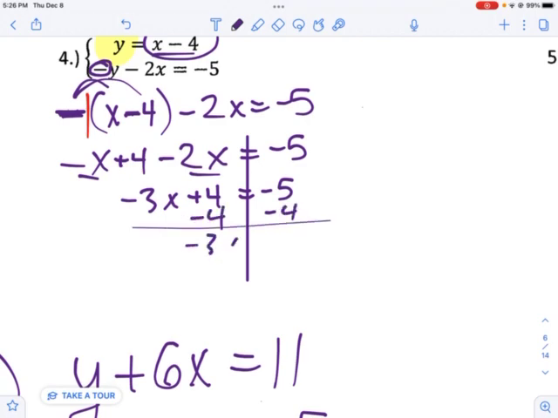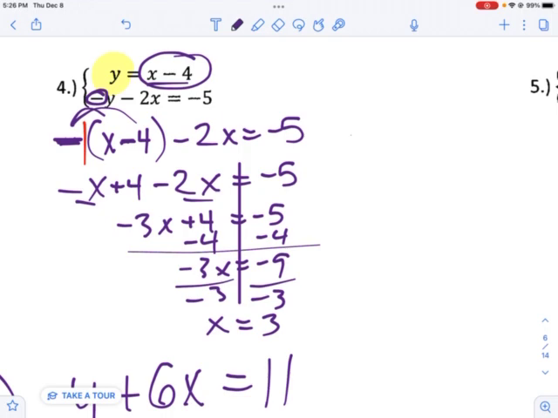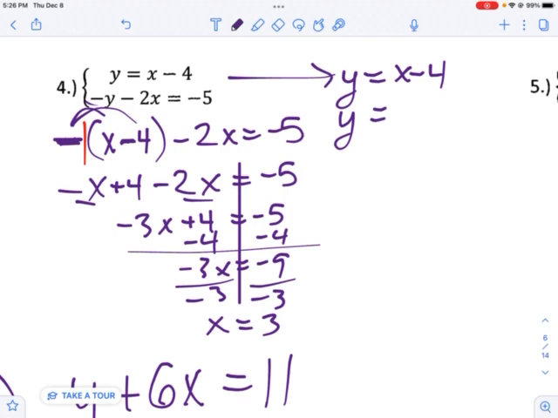Now, we had a lot of work for that problem, but there's definitely an easier equation to substitute x equal 3 into, and yes, it's the top one. So y equals 3 minus 4. Y equals -1. So the ordered pair should be 3, -1.